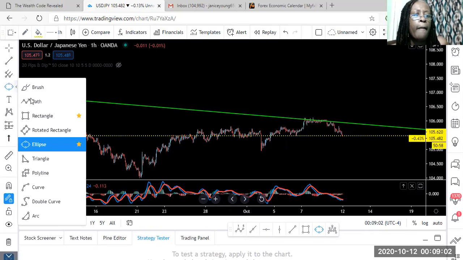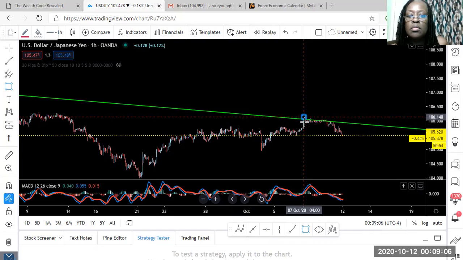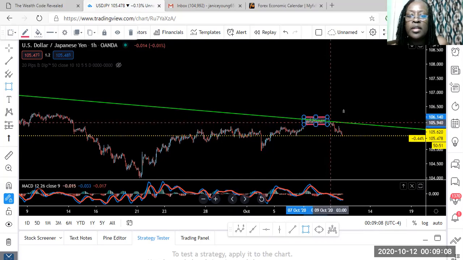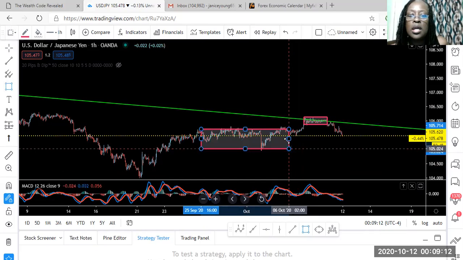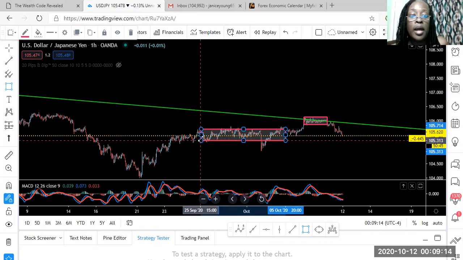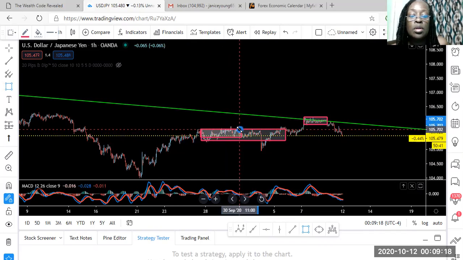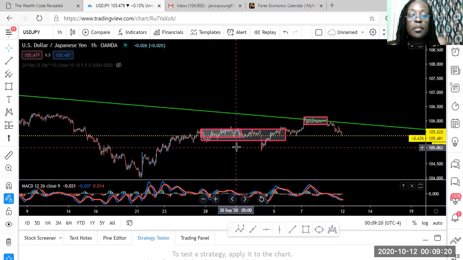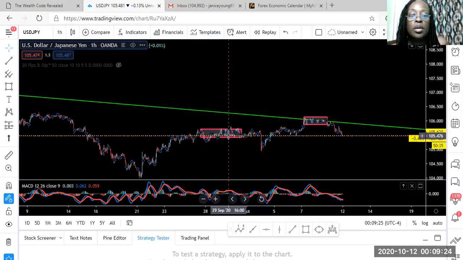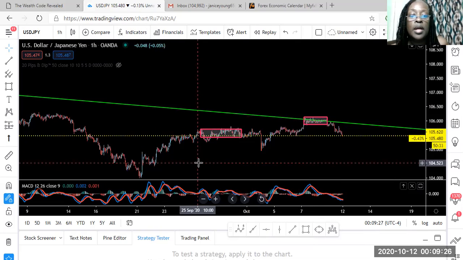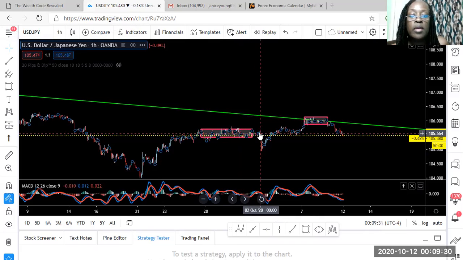4 hour, I do see consolidation right here, right? I see some consolidation right there. And I also see some, well, it kind of went that way, and that's right, because I see consolidation right here too. Okay, so I see some consolidation right in this area here.